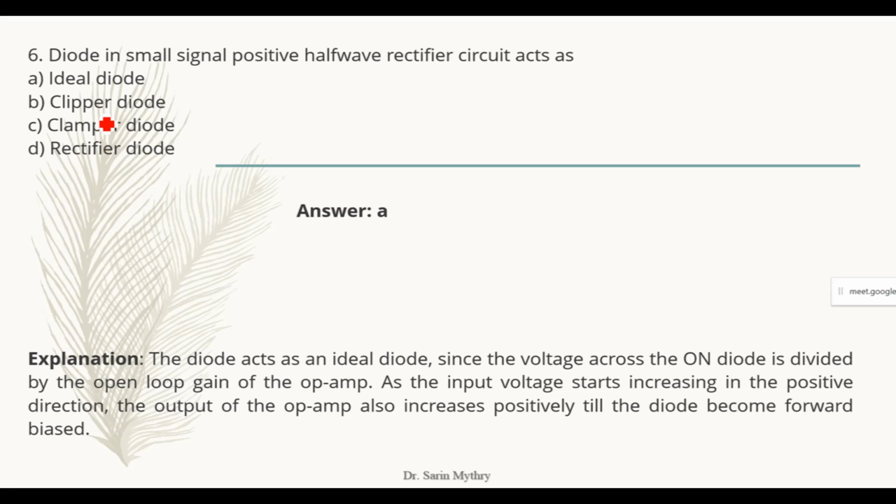Whenever the cut-in voltage is reached, the diode becomes forward biased, it turns on, and unidirectional operation takes place. So the diode in a small signal positive half wave rectifier acts as an ideal diode. Option A is the correct one.